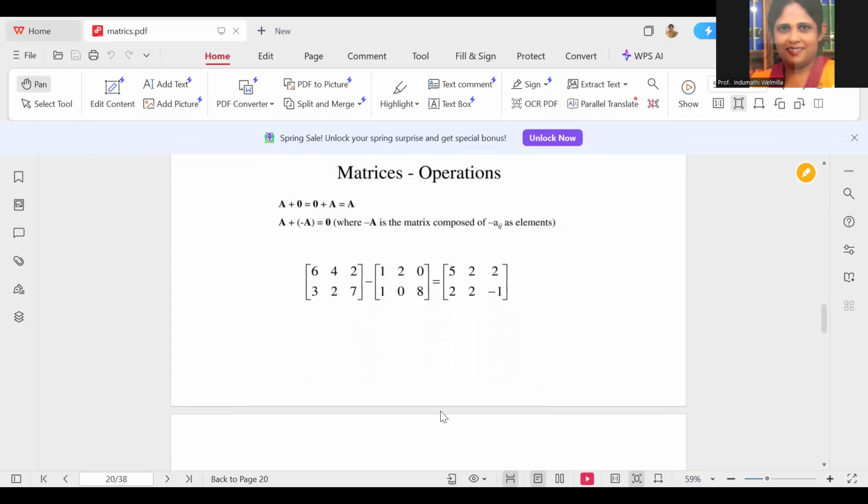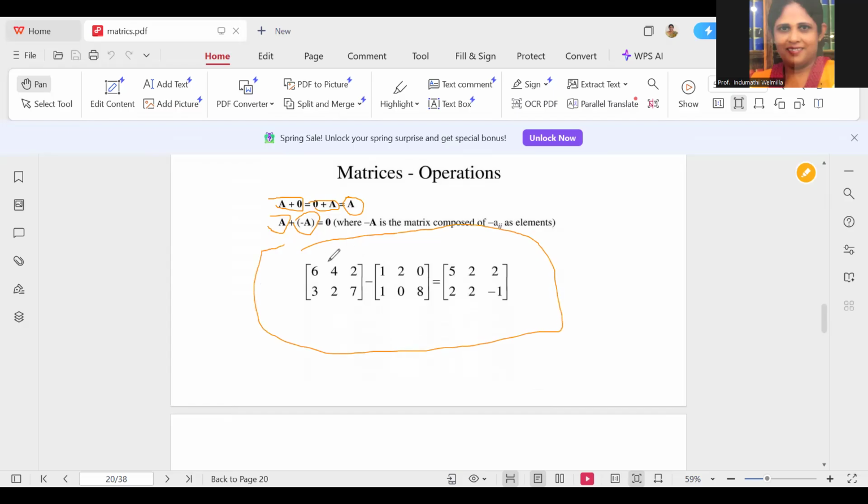Another rule here: when we add a zero matrix to A, or a zero matrix plus A, it is still A. When we subtract the same matrix A from matrix A, it becomes 0. So A minus A corresponds to the elements A ij minus A ij, right?